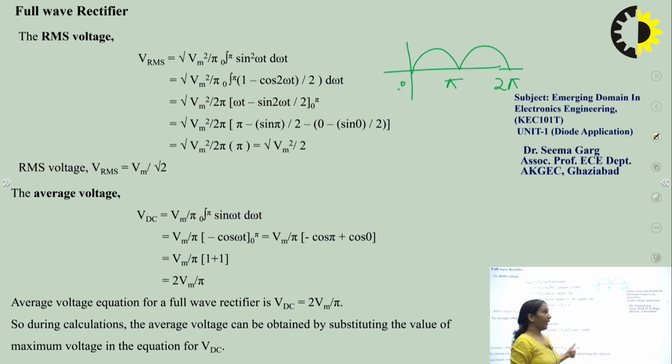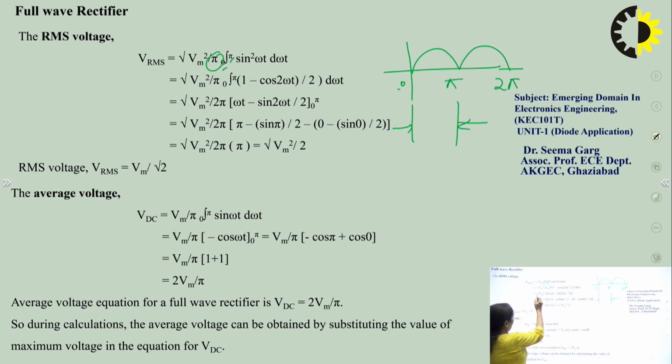That means our interest lies only in this part, because after that the signal is repeating. That's the reason the base here is only pi, and we integrate from 0 to pi instead of 2 pi as we did in the half wave rectifier.